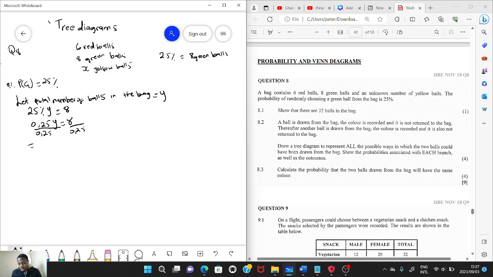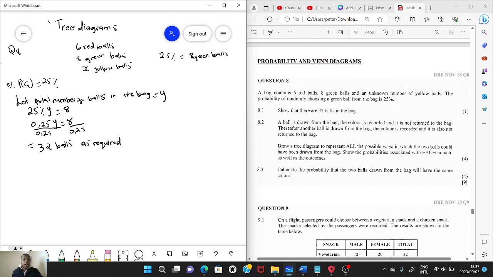Now looking at this question, it's just a one mark question. The first thing that you do is label what's given. We were given 6 red balls, 8 green balls, and we were not given the number of yellow balls. So I said the unknown number of yellow balls is x, which is any variable, right?